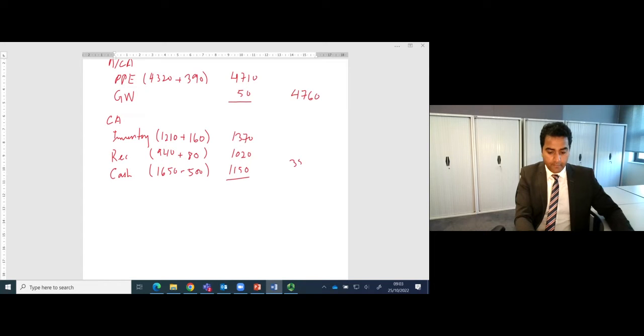Altogether 3540. Now non-current assets plus the current assets are equal to 8,300.